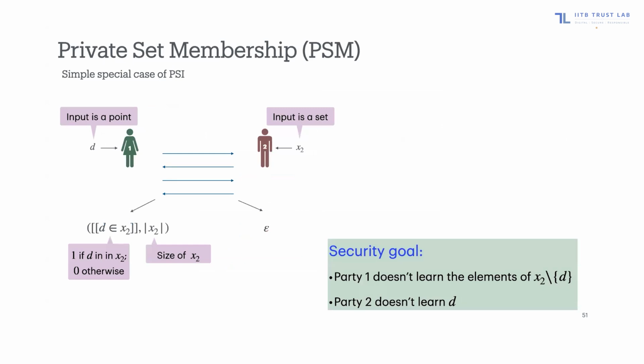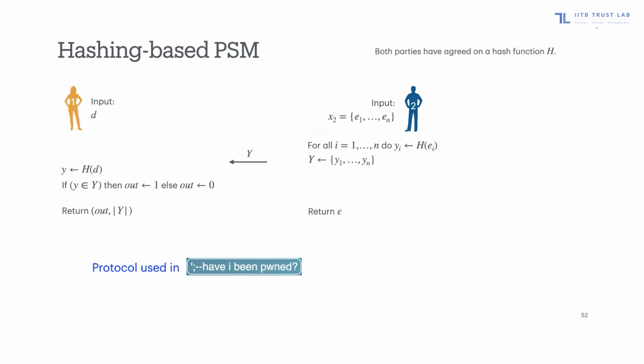Private set membership is an easier, smaller version of private set intersection, where the first party just has a single point and the second party, as before, has a set as input, and the output for party one is just whether its input is present in x2 or not. A natural protocol for PSM is a hashing-based protocol, which was used in the Have I Been Pwned service.